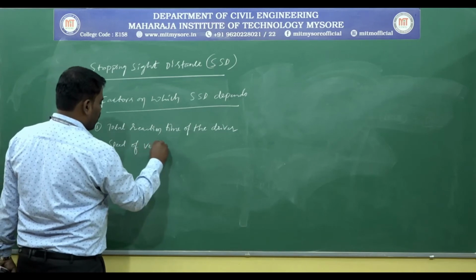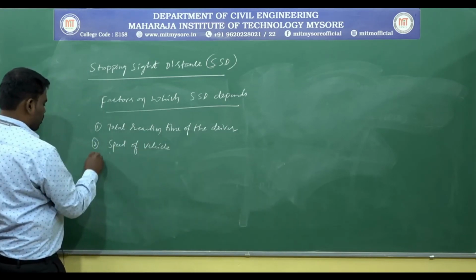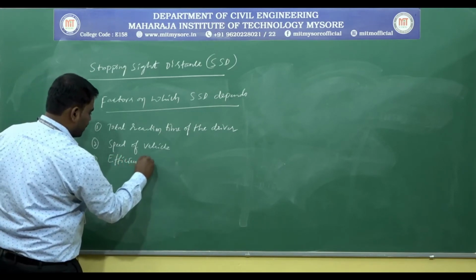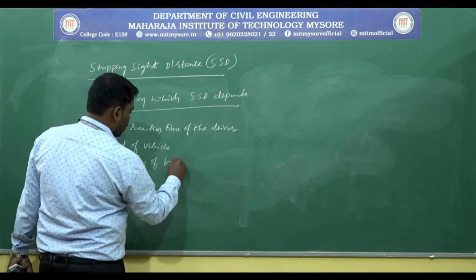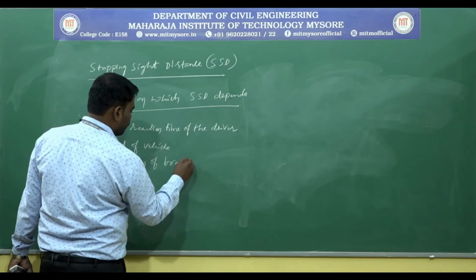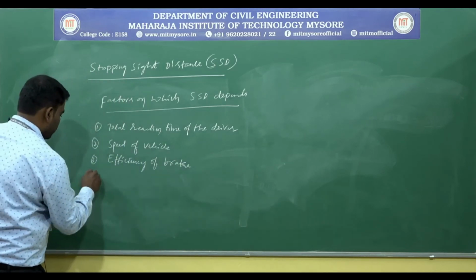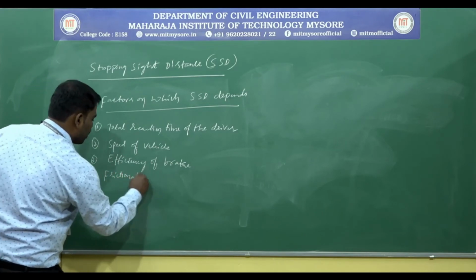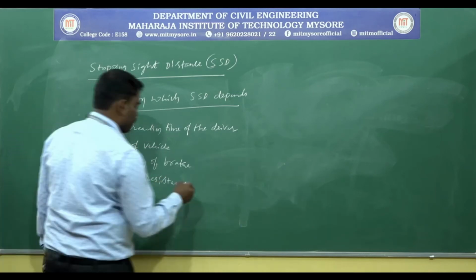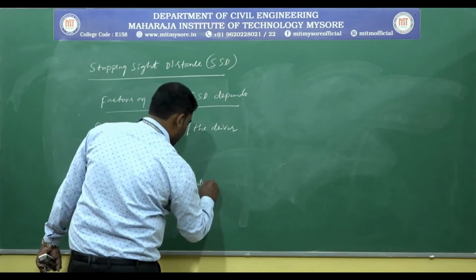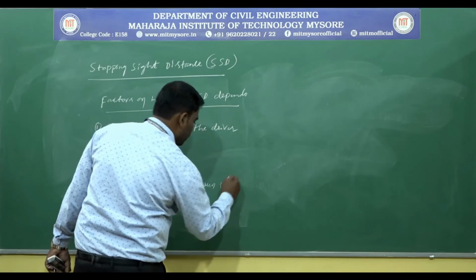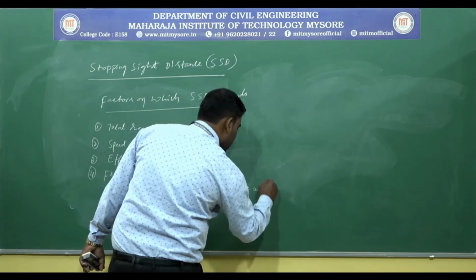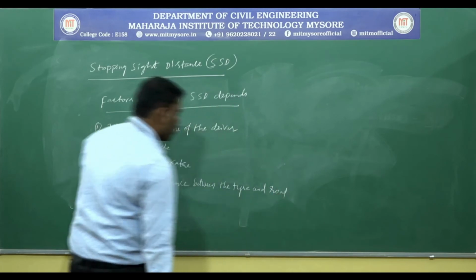Third one it is efficiency of brake. Fourth one it is frictional resistance between the vehicular tire and road surface.